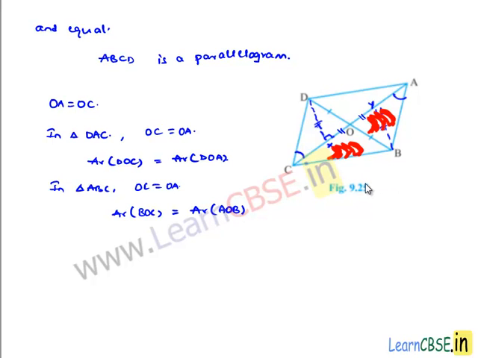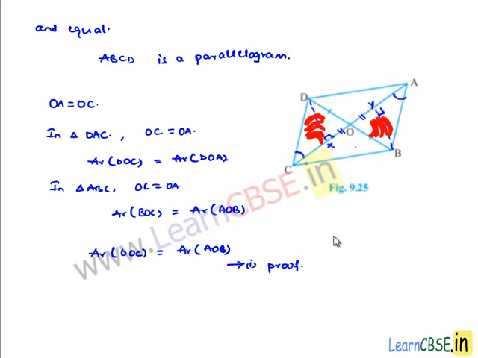But we know that area of triangle DOC is equal to area of triangle BOC. Therefore, we can say that area of triangle DOC will be equal to area of triangle AOB. This is what our first proof required.